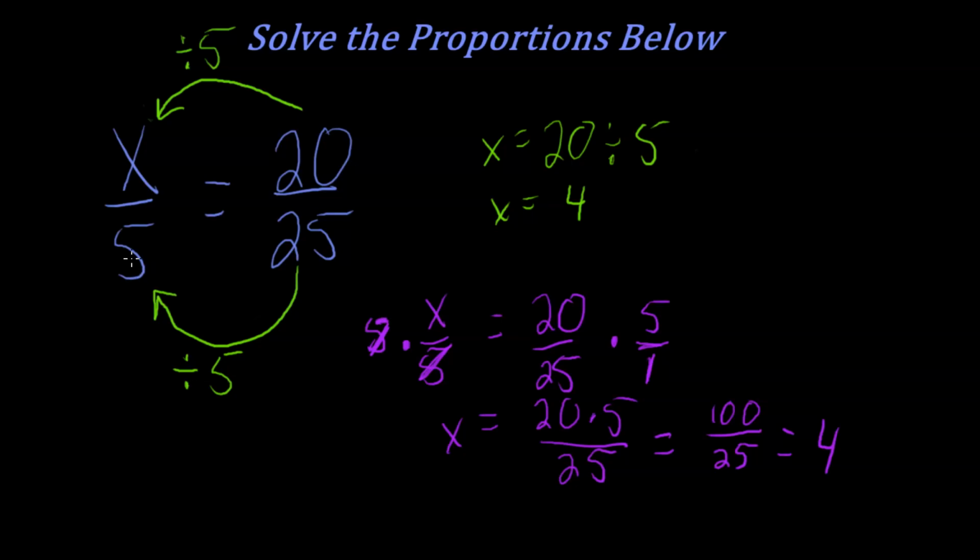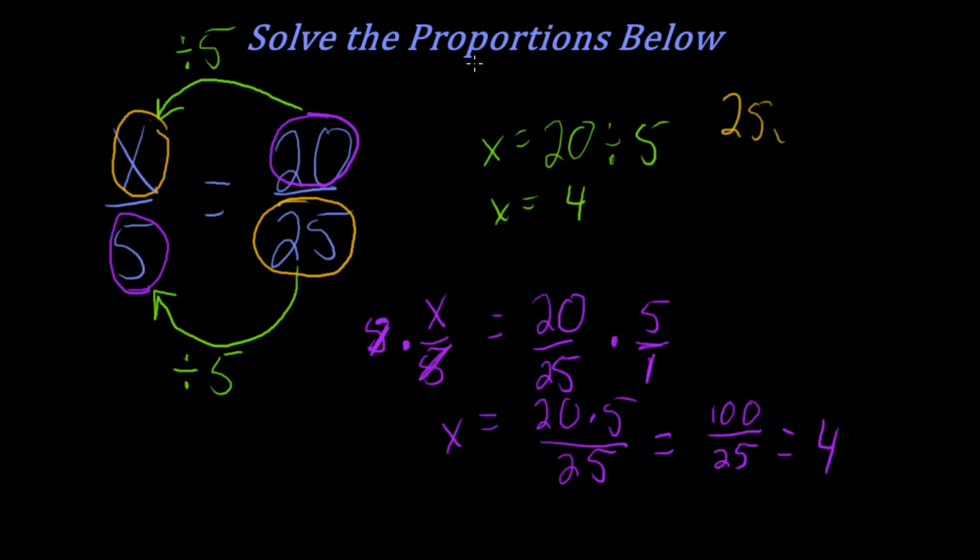We can multiply these two numbers together and multiply these two numbers together and set them equal to each other. Let's do that over here, off onto the side. We got x times 25, which gives us 25x equals 5 times 20, which is 100.